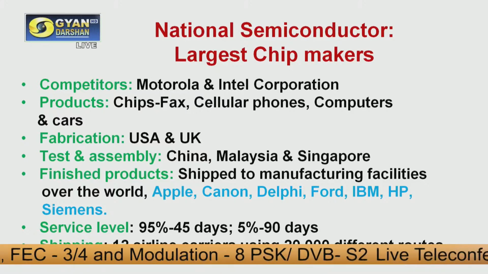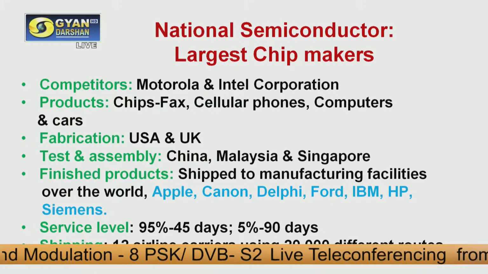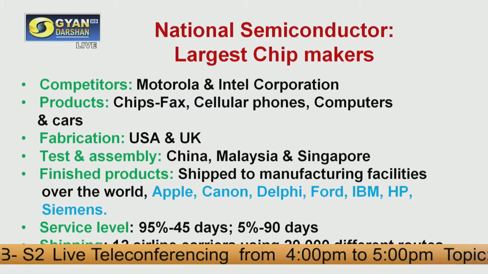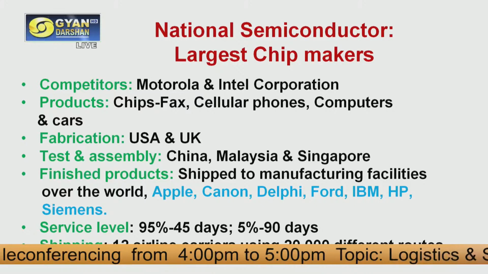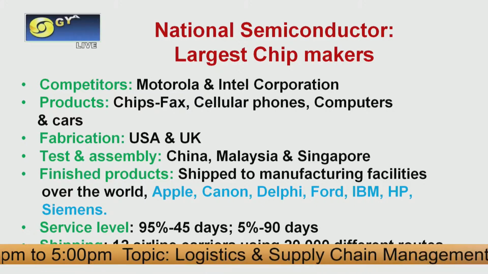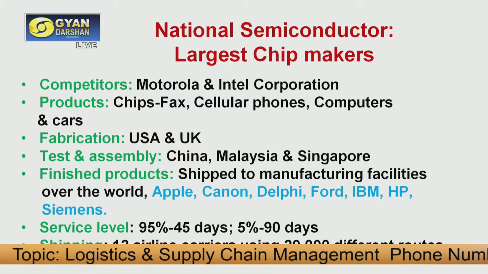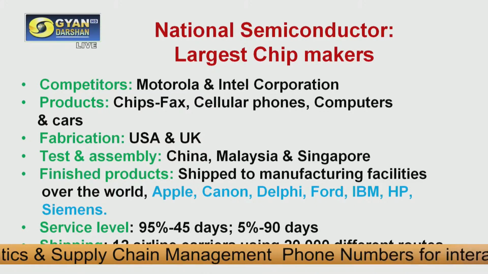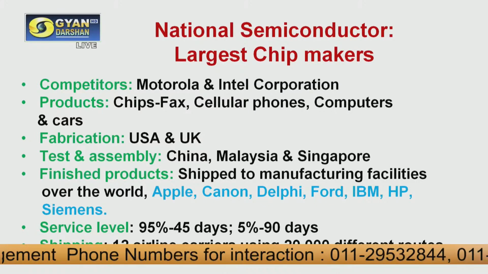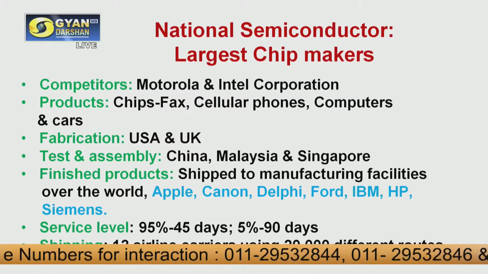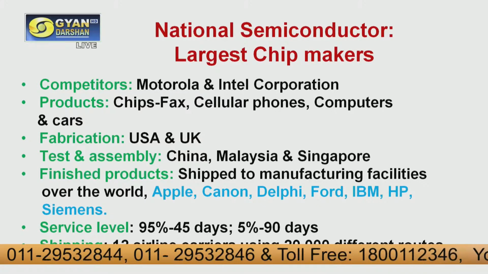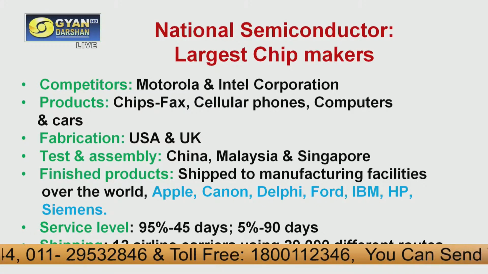National Semiconductor has the fabrication unit in USA and UK. The testing and assembly stations are in China, Malaysia and Singapore. Just see the complexity of all the operations. The finished products are shipped to the manufacturing facilities across the world.